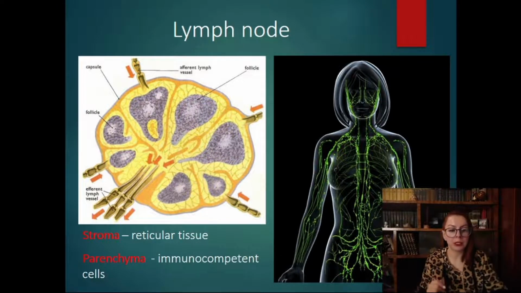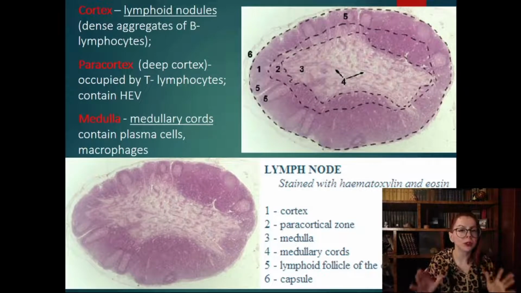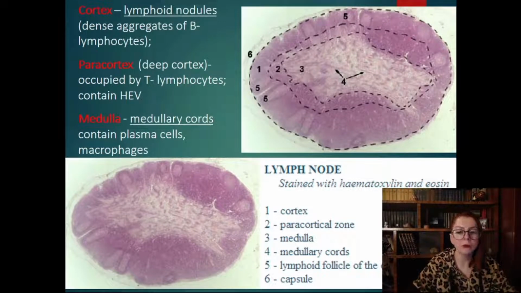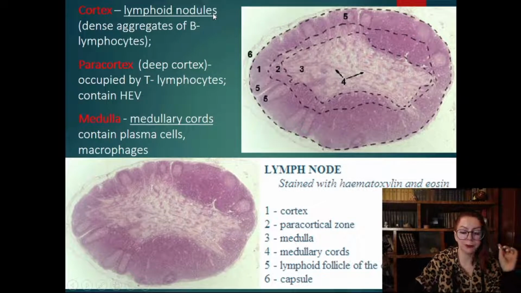And now let's discuss how it works. First of all, in the lymph node we distinguish three zones, three compartments. The outermost is the cortex, which is dark and represented by lymphatic follicles, or lymphoid nodules. Please do not confuse the lymph node as a whole and the lymphatic nodule as a small node, or lymphatic follicle as it is also called.